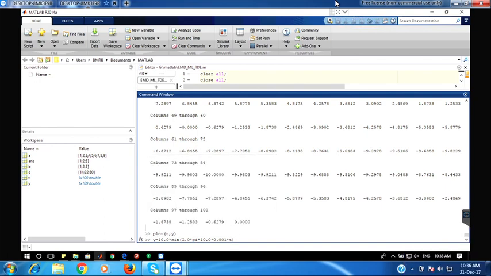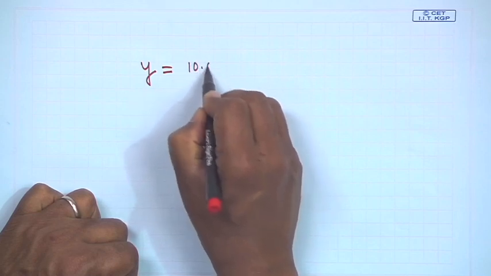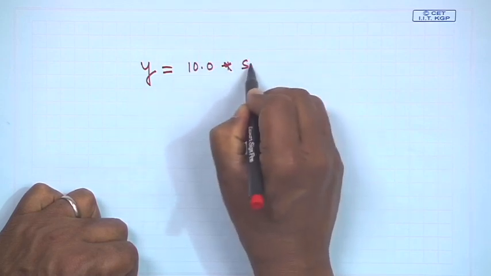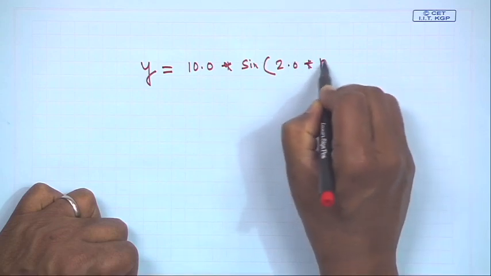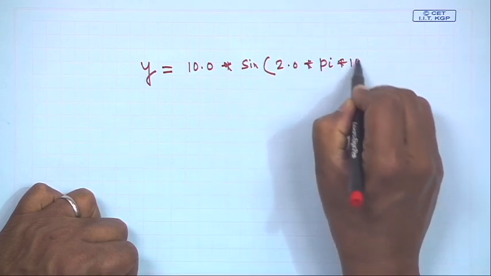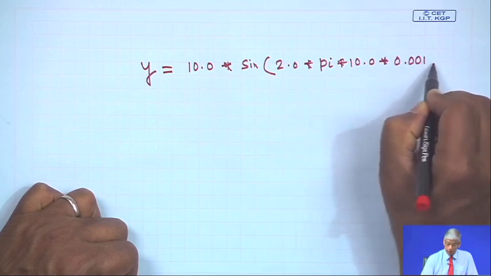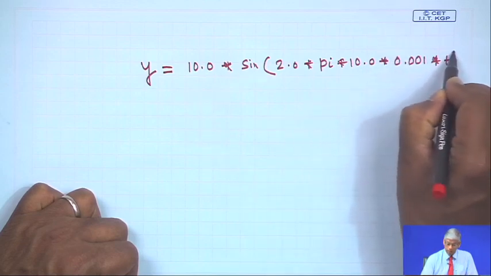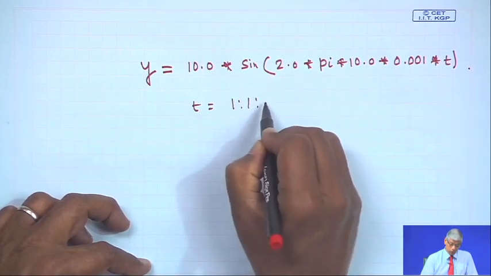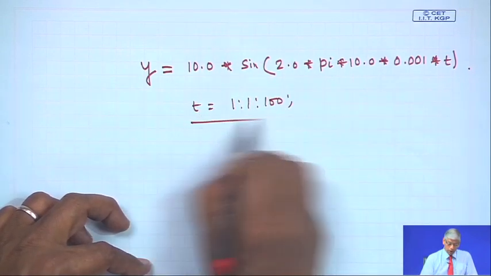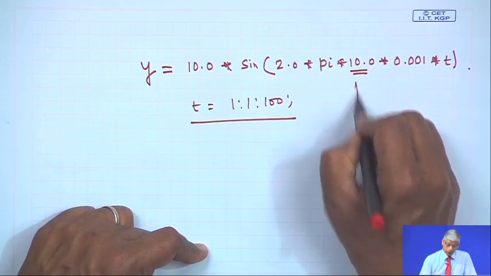So, I have generated this y is equal to 10.0 star sine 2.0 star pi star 10.0 star 0.001 star t. See, my t was always 1. So, I have 100 data points, and this is the frequency of the signal.